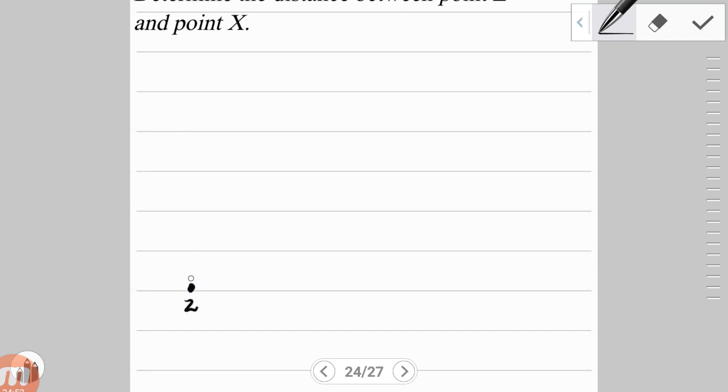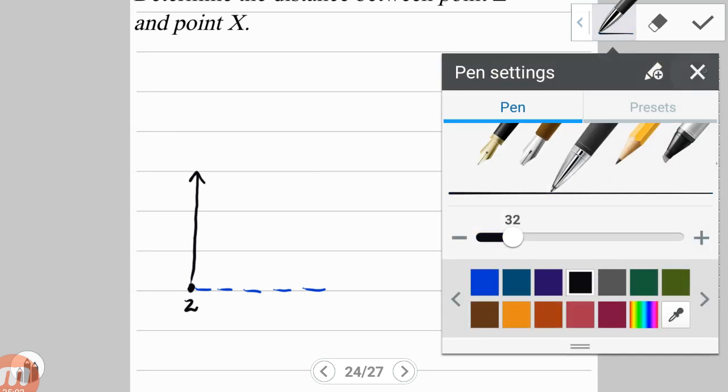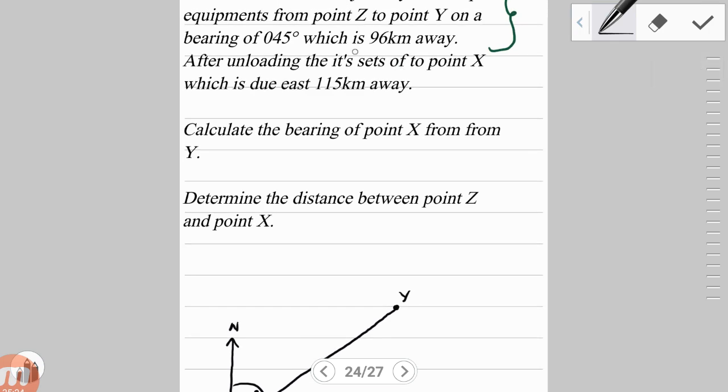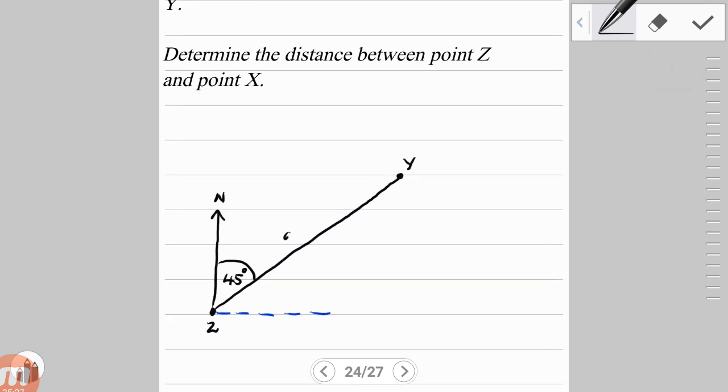That's Z, north line, guideline of 90, exactly between here. Assuming that Y is going to be here, the bearing is 45 degrees. Our north line is here, and it had said that the distance is 96 kilometers away. So this distance here would have been 96 kilometers away.